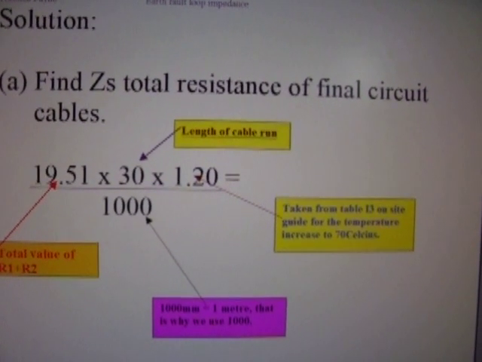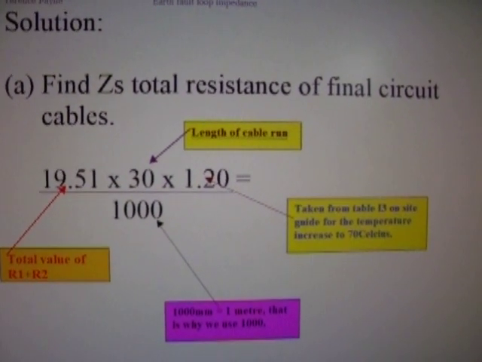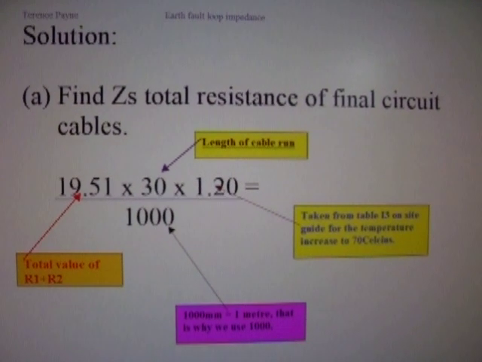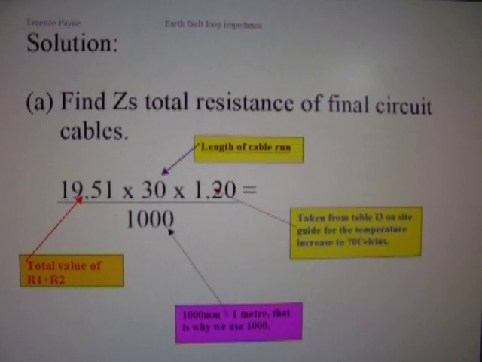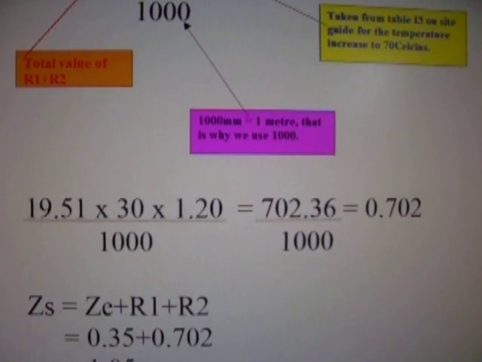Now all it's telling you here is the length of cable run, etc., and I've extracted the information and laid it out for you. Now it's down to you to make sure that you can apply it. So let's see what we then did.